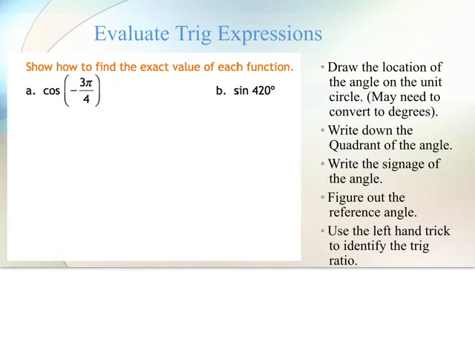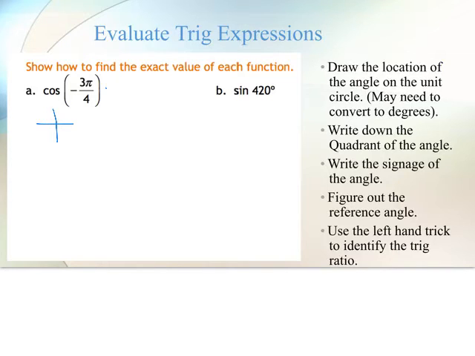Okay, we're going to look at evaluating trig expressions. So to find the exact value, we have to convert this radian measurement so we can understand what the reference angle is. So let's take a look at drawing it out. And I like to work with mine as degrees to get a better picture of where it's located.